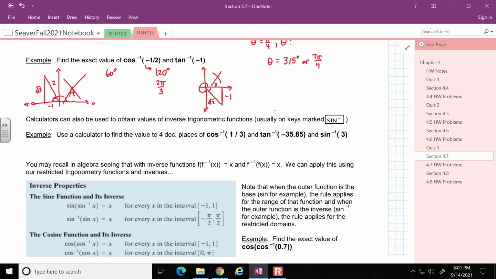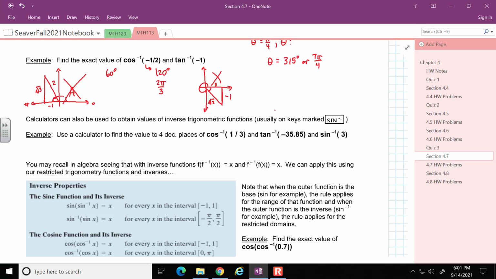I'll see if I get the same thing. We potentially should have at least 2 answers. Anybody got an inverse cosine of 1/3?